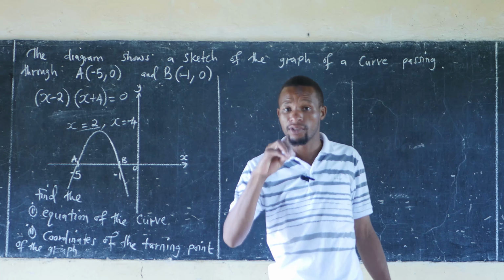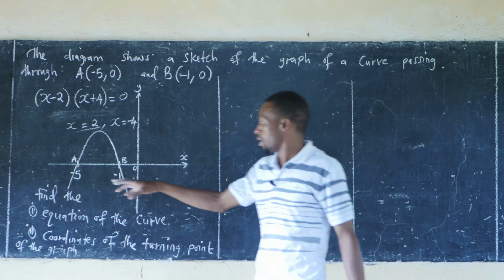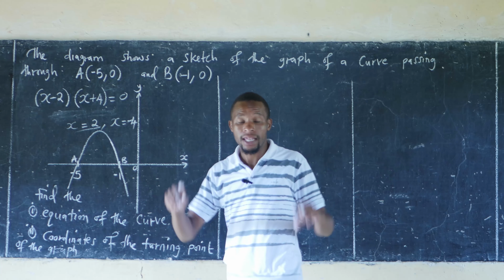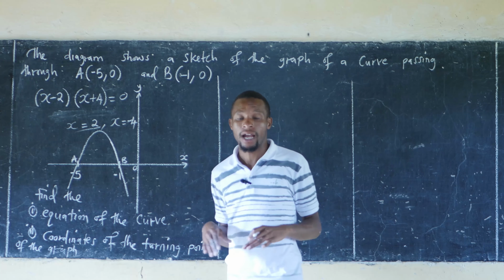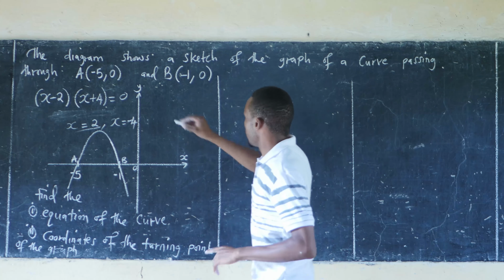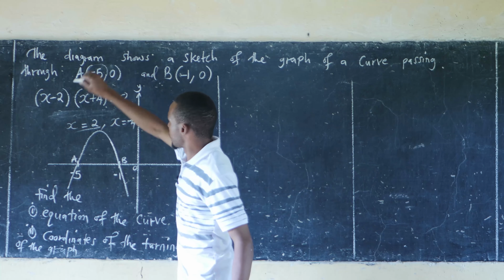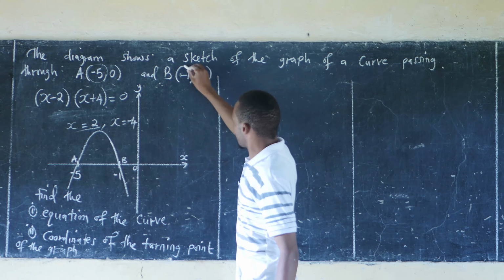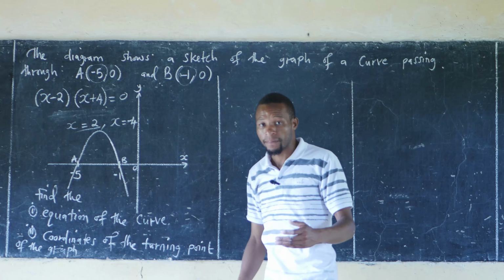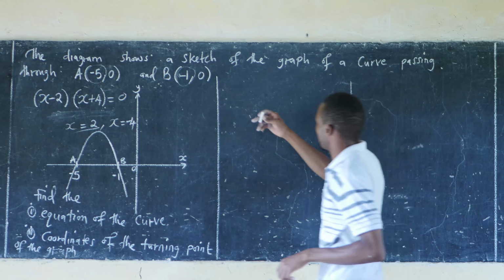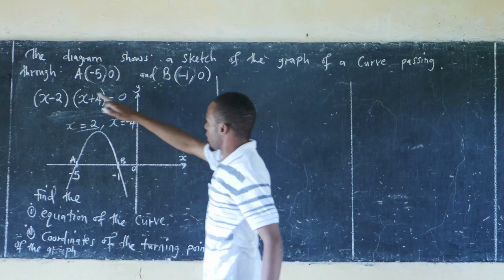In case the equation is not given, they have to give you the intercepts for x, where the parabola is cutting the x-axis. So we've been given x as -5 and the other x as -1. We are taking them back into the factor form.